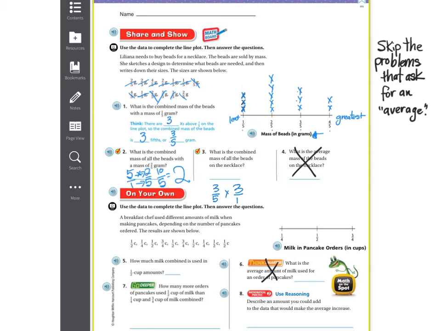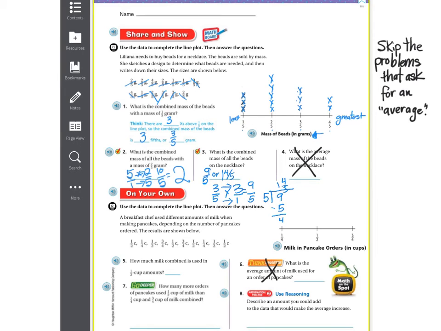So that's 3 over 1. 9 equals 9/5. Then we would simplify, so we're going to divide. One and 4/5, and that's only for the 3/5 part.